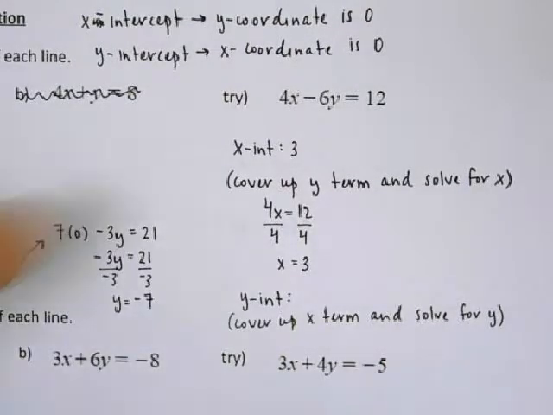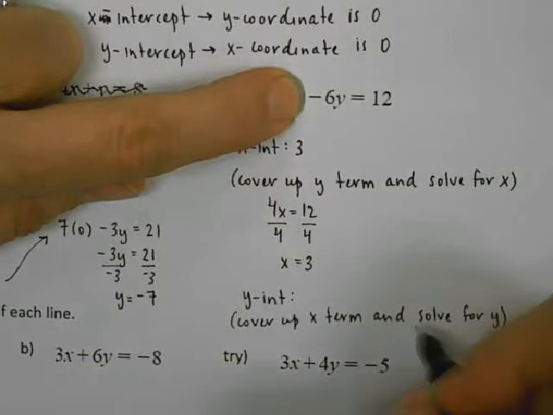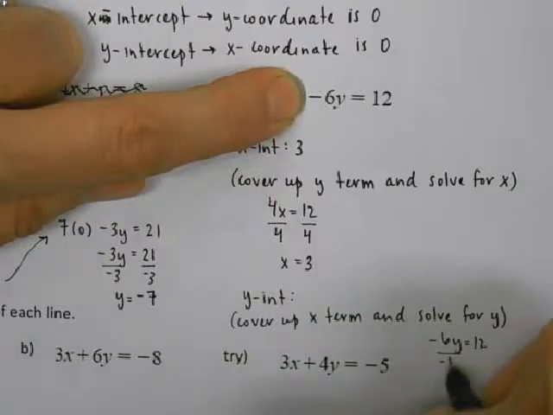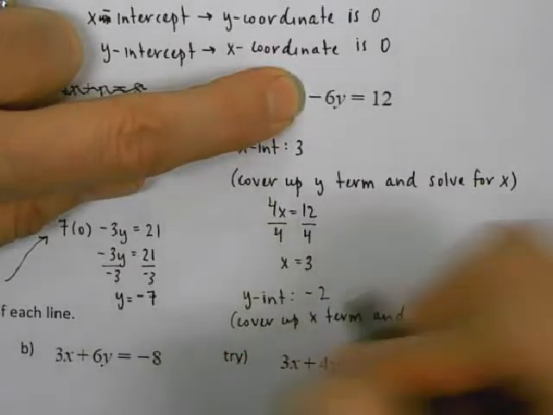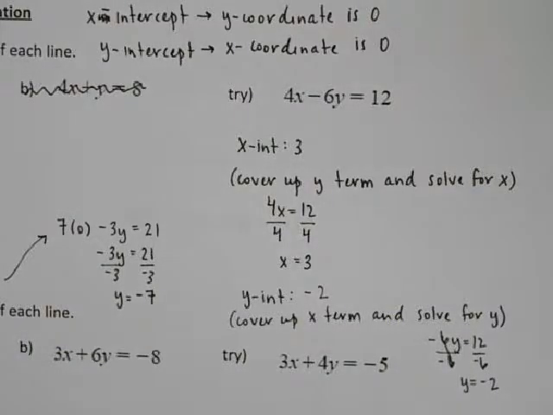So I cover up my 4x, and what I have left, I'm careful to take my negative, is -6y equals 12. If I divide by -6 on both sides, I get y equals -2. So I get a y-intercept of -2. Okay, so that's how we find our x and y-intercept from the equation.